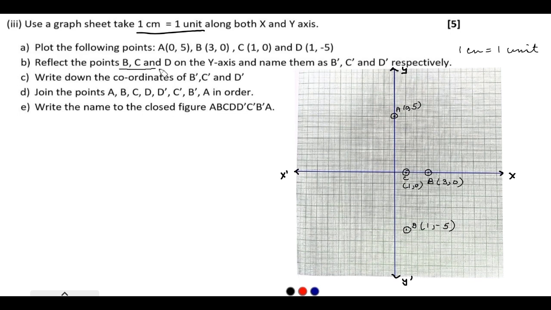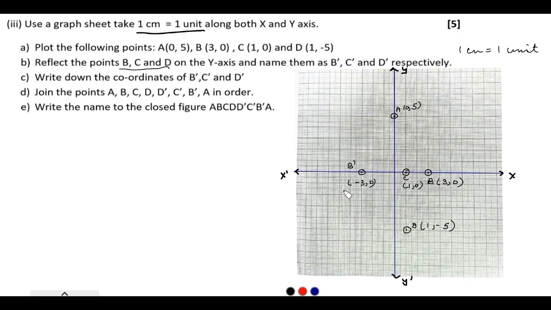Reflect the points B, C and D on the y-axis and name them as B dash, C dash and D dash. Okay. First of all, reflect B on B dash. This is B dash, (minus 3, 0).